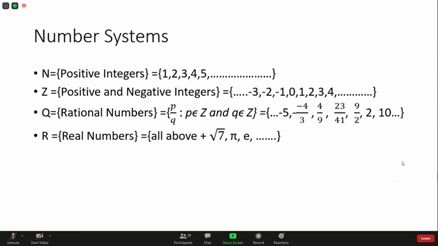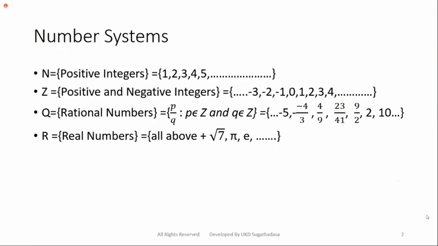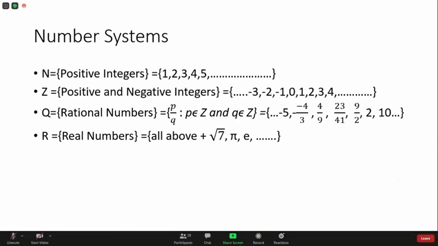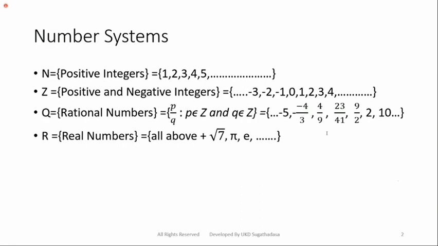For example, if you use a calculator to calculate the square root of 7, you get 2 point something, and the decimal places are infinite. Like pi, the familiar value is 3.14, and the approximate value is 22 upon 7. That is only an approximate rational number, but pi is again an infinite decimal number.